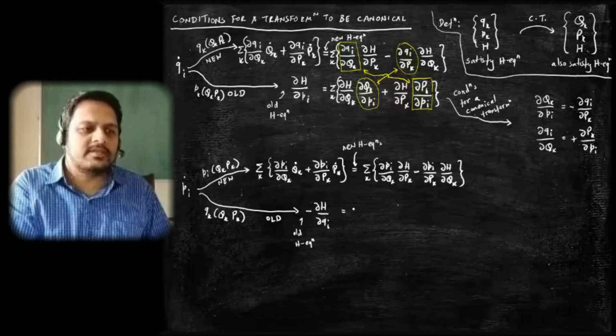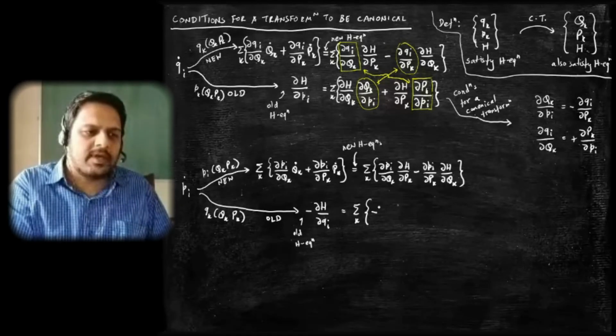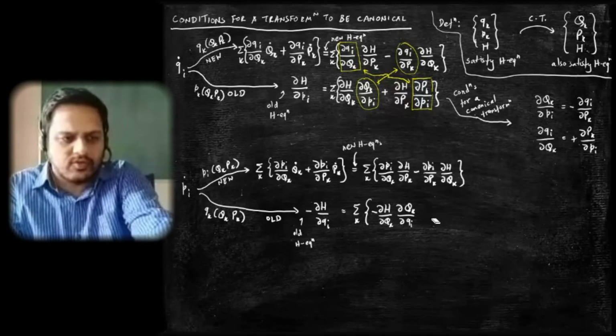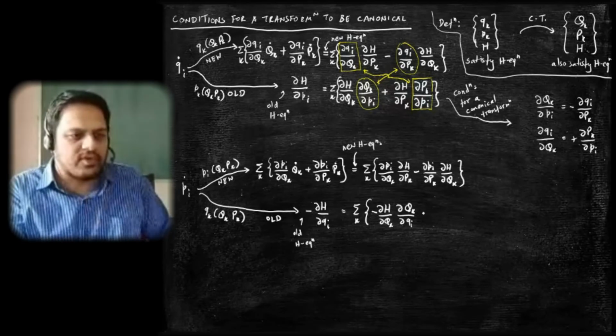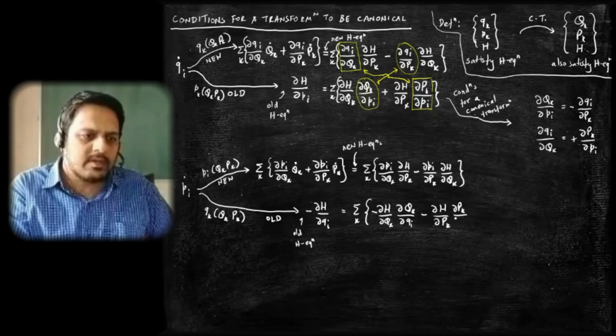You will find that this is equal to summation over k. ∂H/∂qi can be written simply as minus ∂H/∂Qk times ∂Qk/∂qi. The minus is carried through from outside. There is a minus because of the original Hamilton's equation that carries through, minus ∂H/∂Pk times ∂Pk/∂qi.